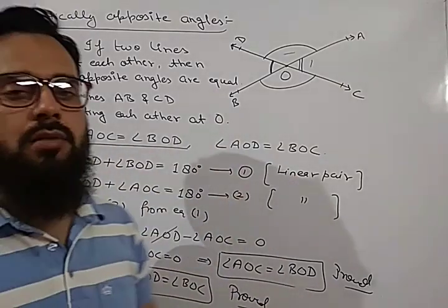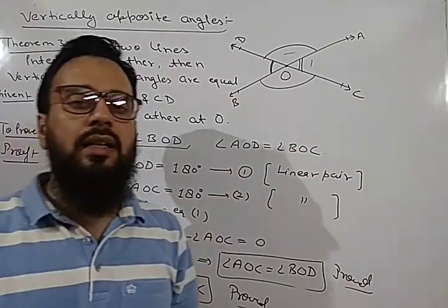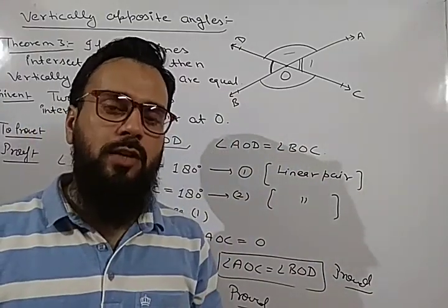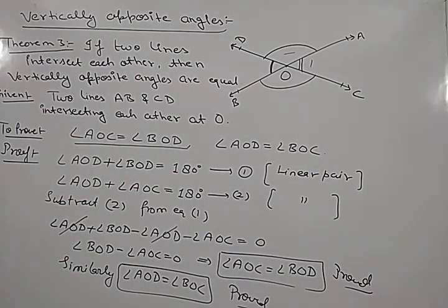So it is our theorem number 3. Okay, whenever we are given two vertically opposite angles, then the vertically opposite angles are always equal. Okay, so note it down. Then we will proceed with the questions based on all these types of theorems.